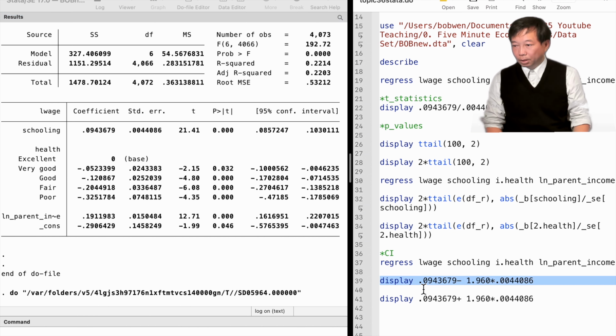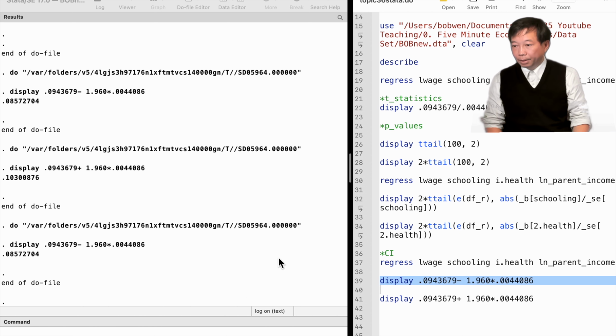The lower bound is computed as the OLS estimate 0.094 minus the 5% critical value in a two-tailed t-test with infinite degrees of freedom, 1.96, times the standard error, 0.004. The manual calculation is the same as that in the result window.